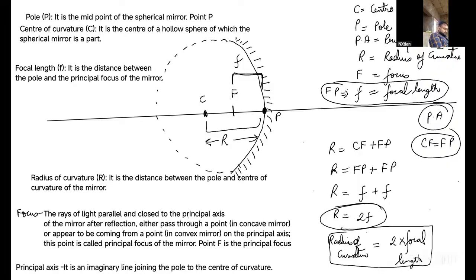Everyone write it down and tell me the answer in the chat. If the focal length of a reflecting surface is 2.75 centimeter, then calculate the radius of curvature.